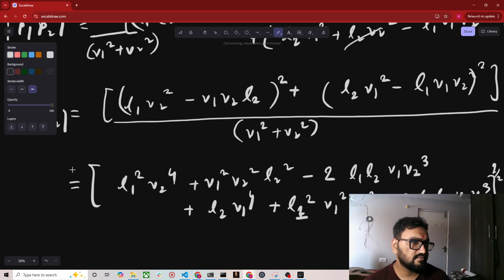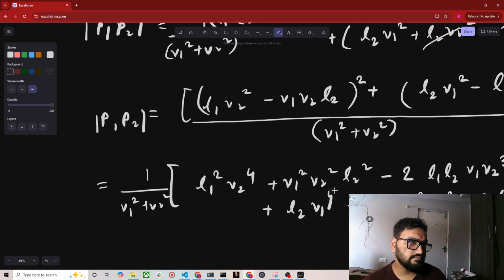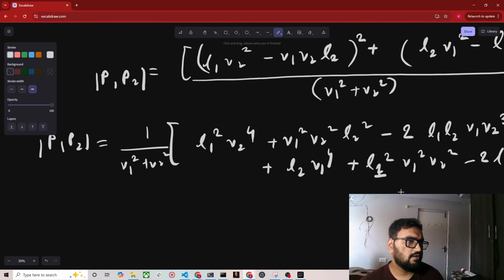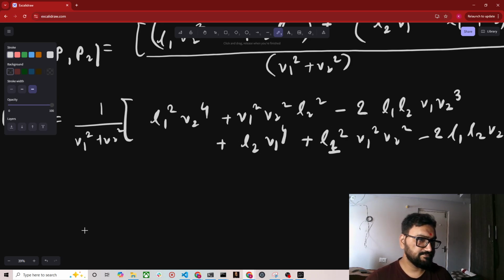divided by, let me write it this way, V1 square plus V2 square. This is equal to P1 P2 modulus. Alright, now let me try and solve for this part. Let me simplify this part.